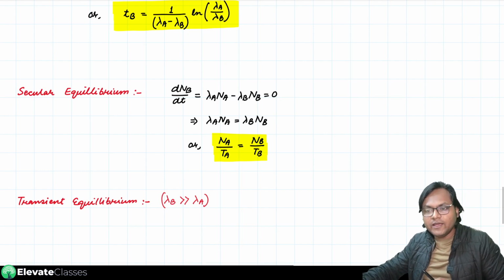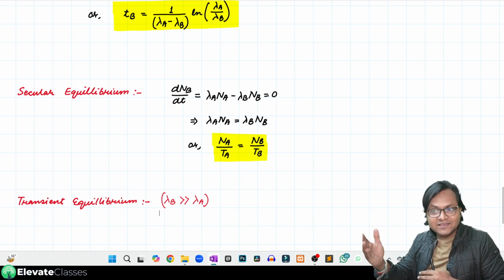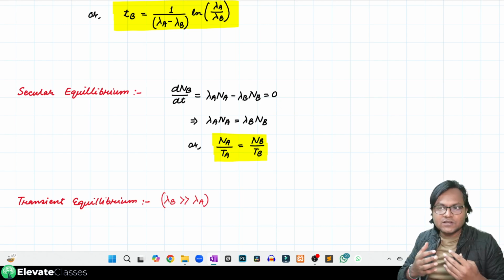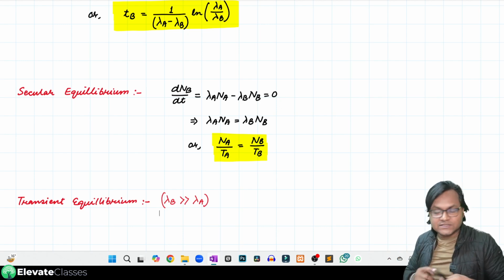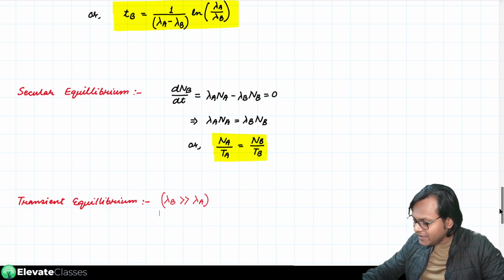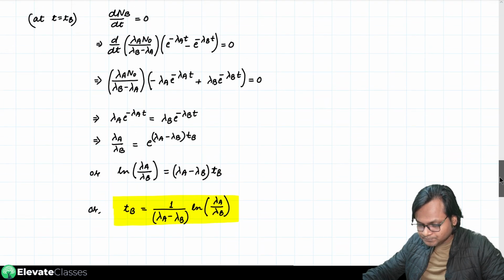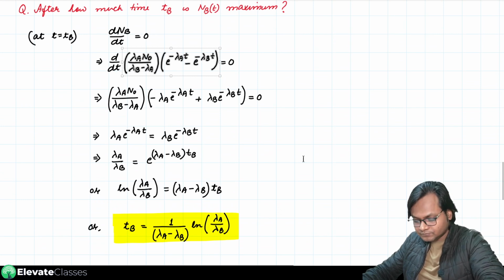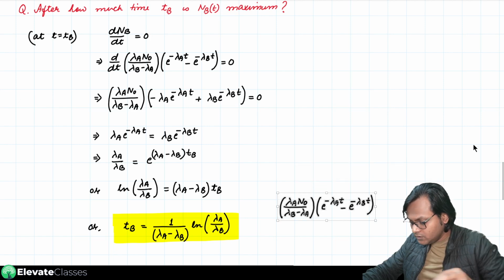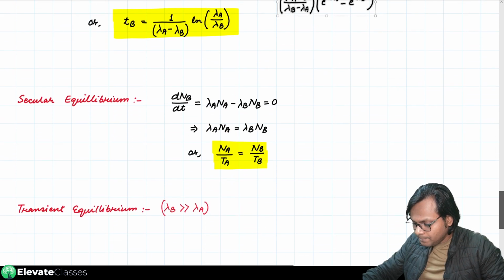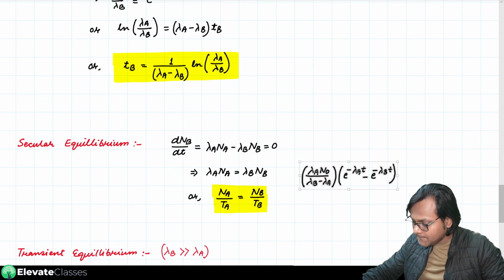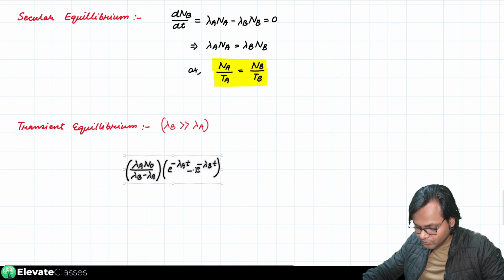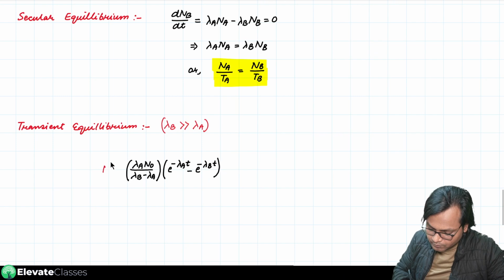The intermediate daughter nuclei has a decay constant which is very high, so it decays very fast, but the parent nuclei has a decay constant which is very small. That means the rate of formation of B is very, very less. In that kind of a situation, if I again take a look at this particular expression, this is our N_B.